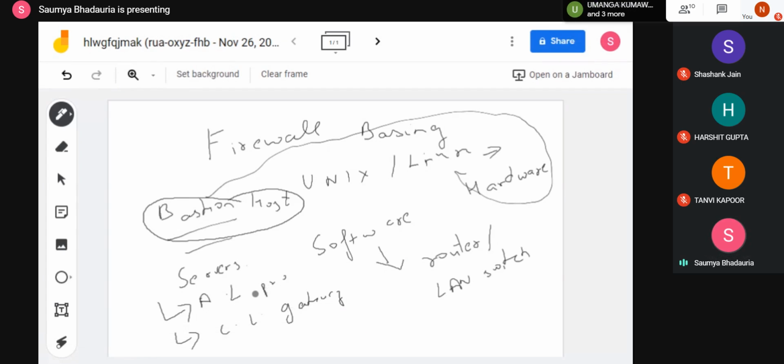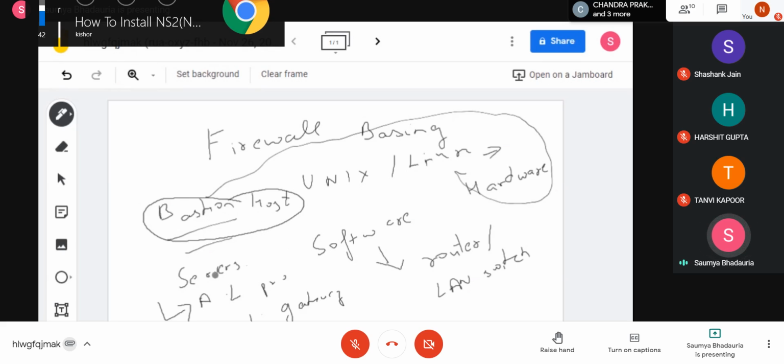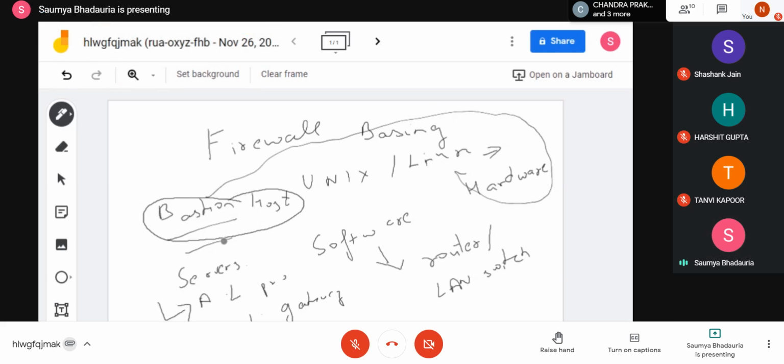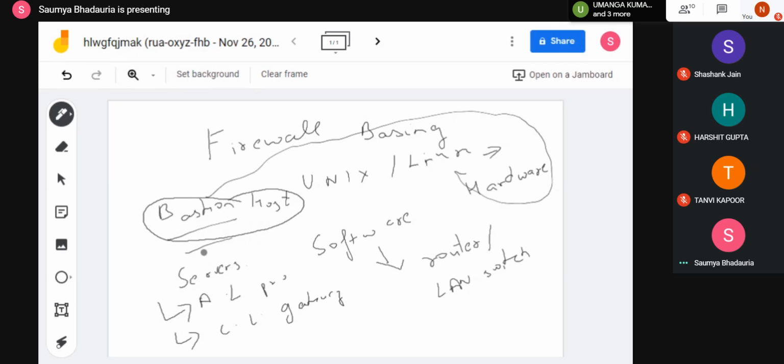Okay. Now a bastion host is a special purpose system on the network which is specifically designed and configured to handle attacks. The system which is referred to as a bastion host hosts a single application.